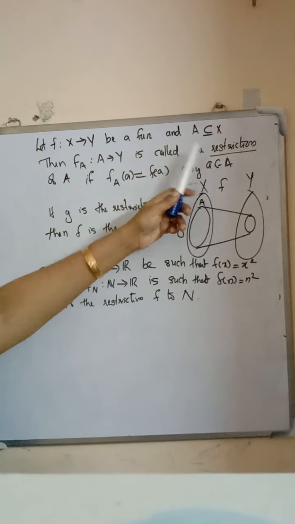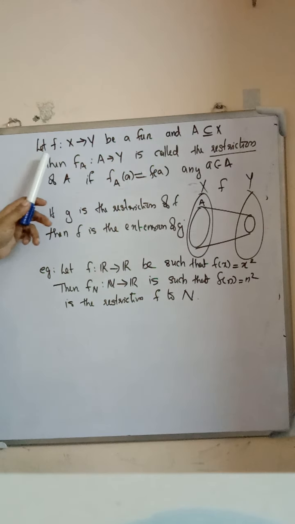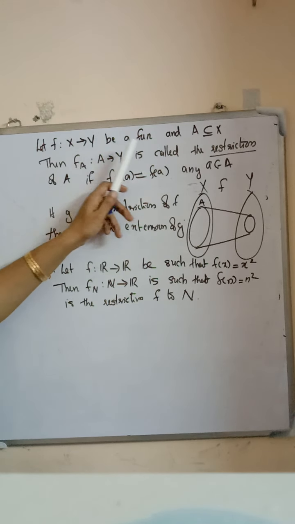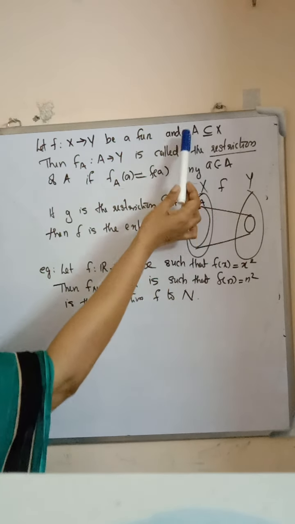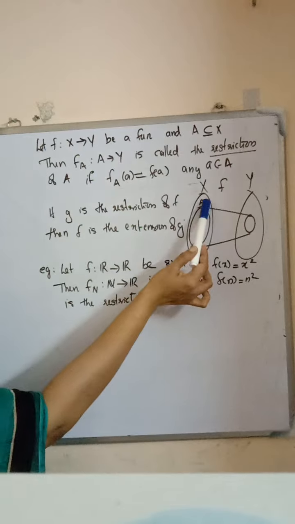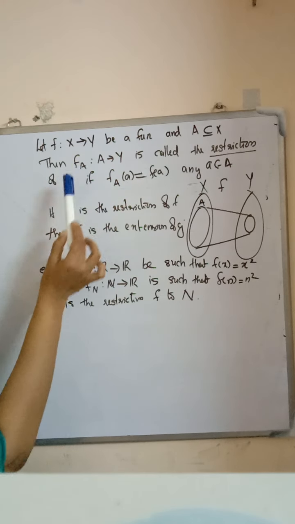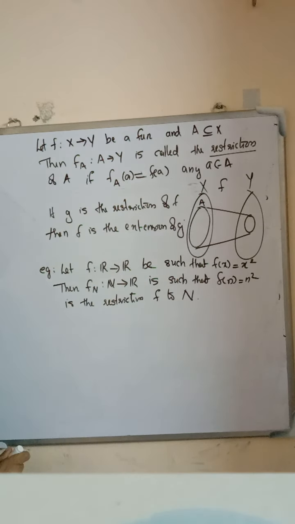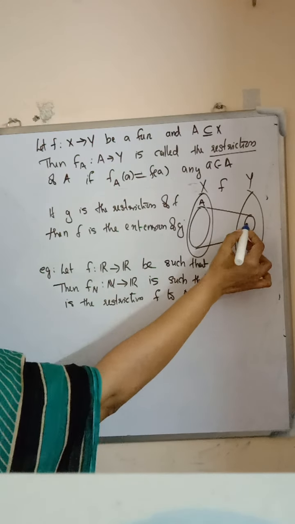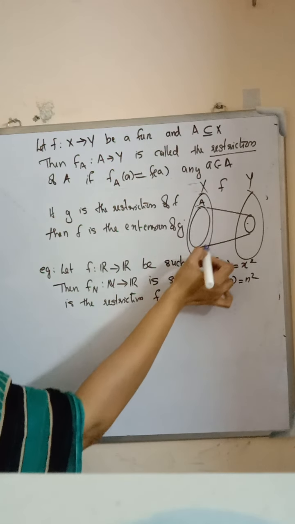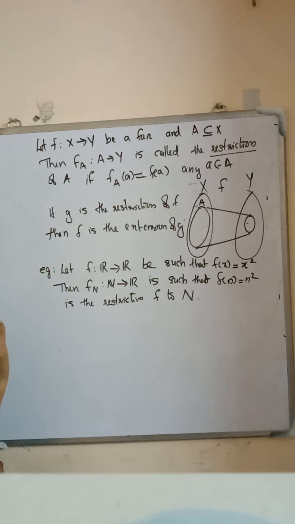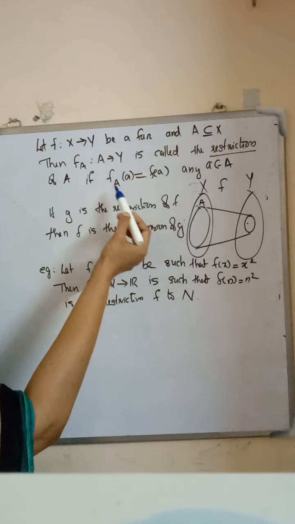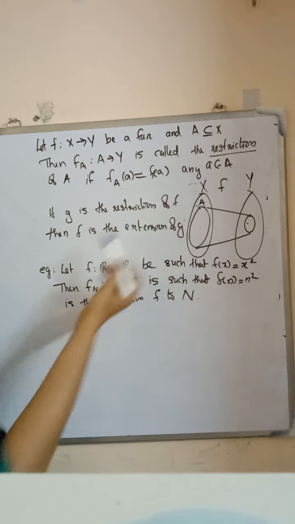Now we define the restriction of a function. Let f from X to Y be a function, and A is a subset of X. Then f_A is a function from the set A to Y. It is called a restriction of f if f_A of a equals f of a.